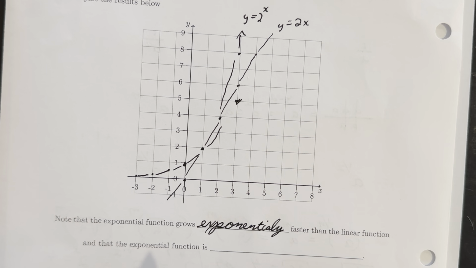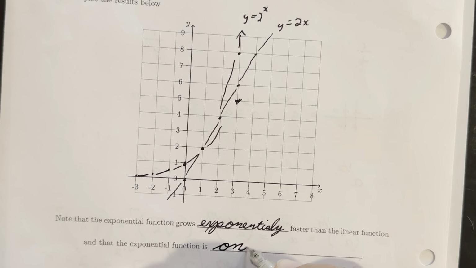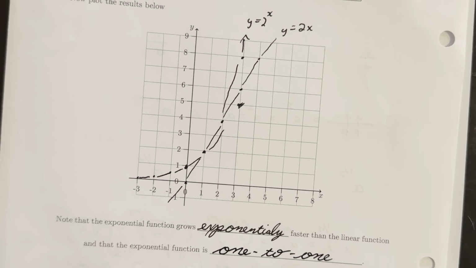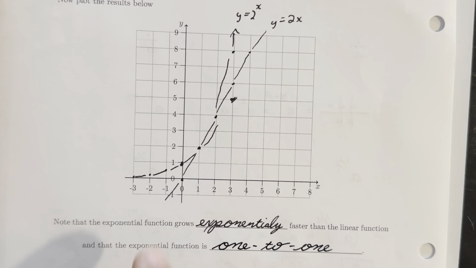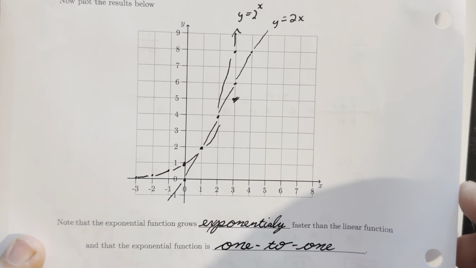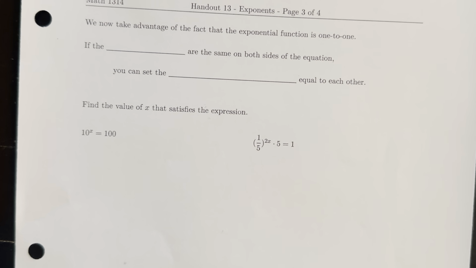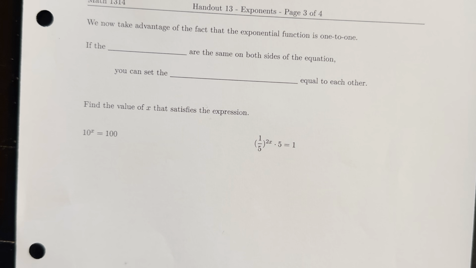All right, and so what is the exponential function? The exponential function is 1 to 1. It passes the horizontal line test. They both do, the linear model and the exponential model. So we're going to now take advantage of the fact that the exponential function is 1 to 1.